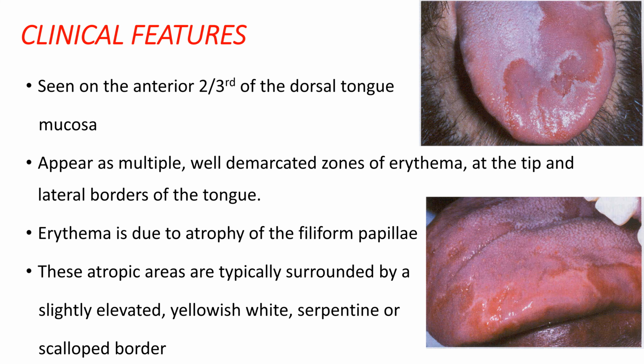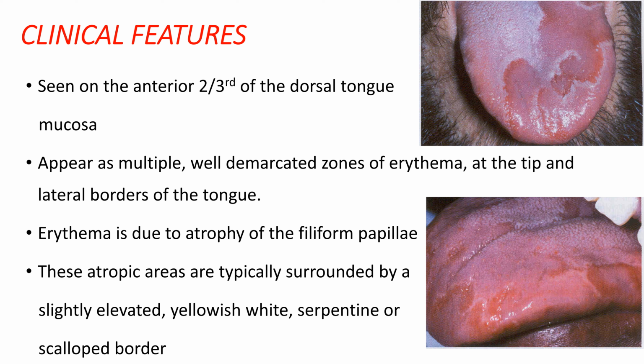Then clinical features. The characteristic lesions of geographic tongue are seen on the anterior two-thirds of the dorsal surface of the tongue mucosa. In the picture you see an atrophic, more red area which is surrounded by white or yellow borders. They appear as multiple well-demarcated zones of erythema, concentrated at the tip and lateral border of the tongue.